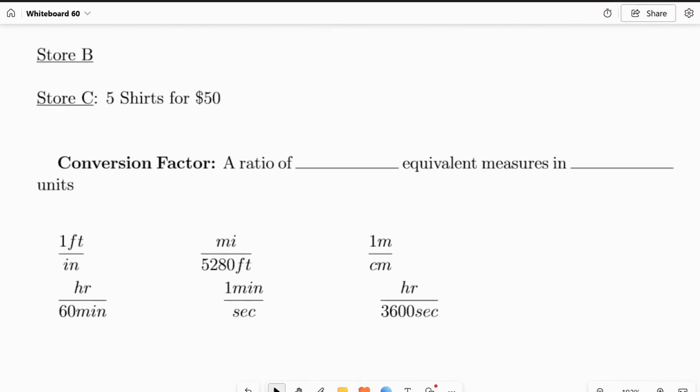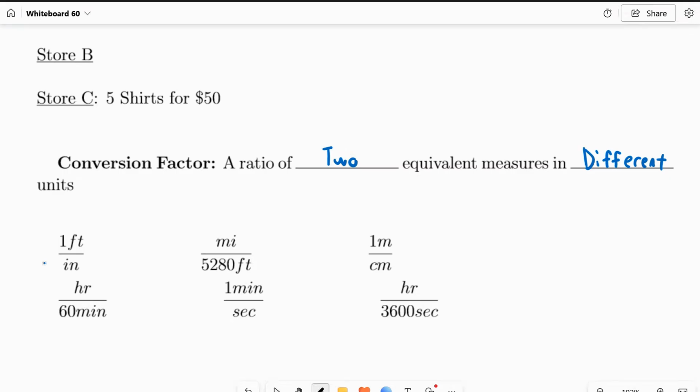The next vocab term here is a conversion factor. Conversion factors are a ratio of two equivalent measures in different units. If we have 1 foot over blank inches, how many inches is equivalent to 1 foot?